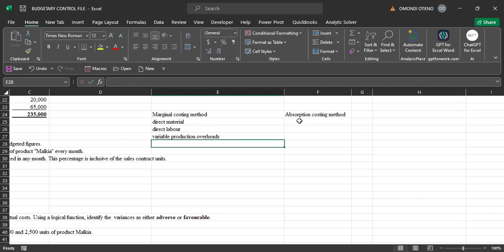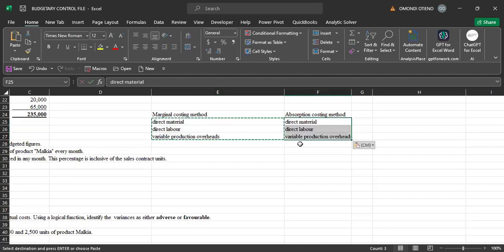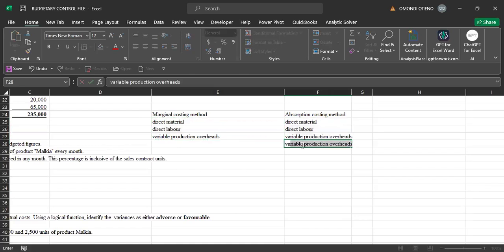Then for the absorption costing method, we need to get these three items, then we add fixed production overhead, so that we get fixed.